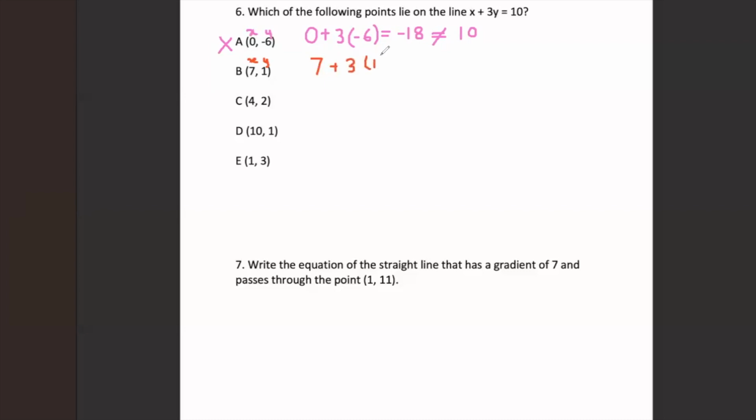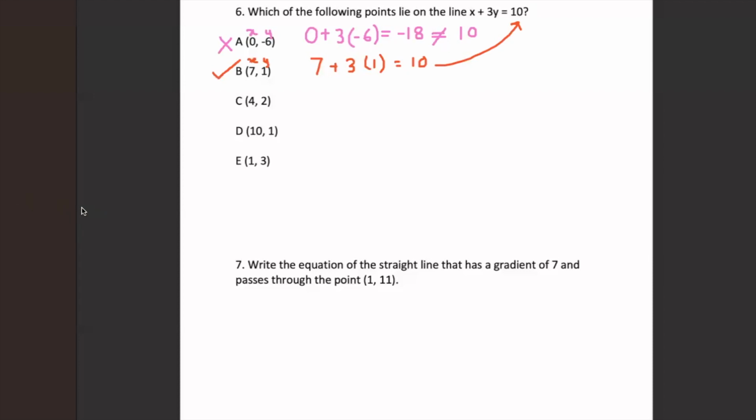Y is 1. So 7 plus 3 times 1 is a 10, which is equal to this, according to the question. So point B satisfies this equation. Point B lies on the line x plus 3y equals 10.